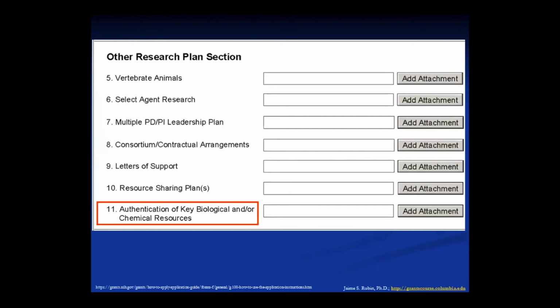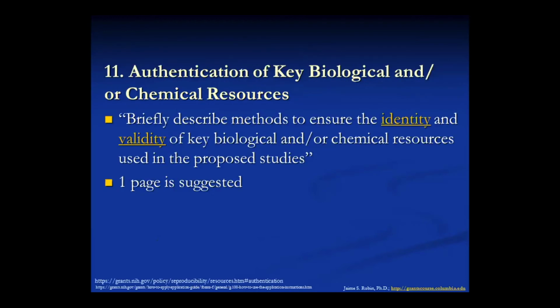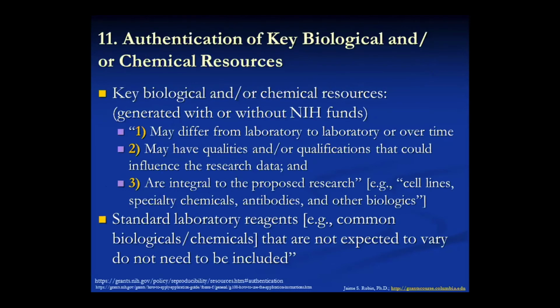This is a relatively new document. And this is where you would describe, and usually about one page is suggested, how you would validate any key biological or chemical resource that's used in the course of the research. What items should be discussed? Standard laboratory reagents, common biologicals and chemicals don't need to be included.